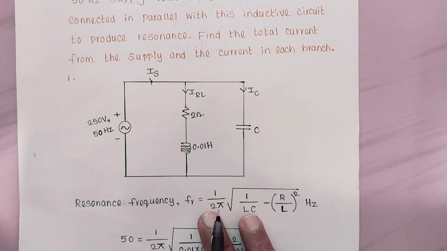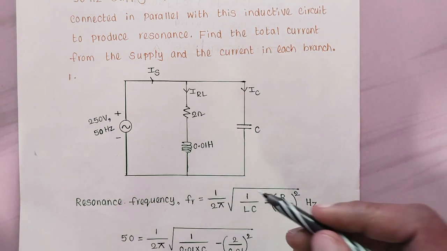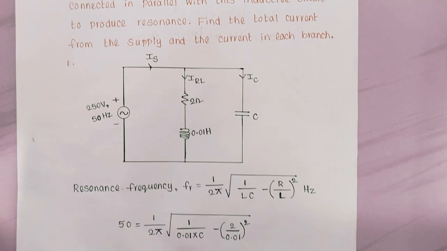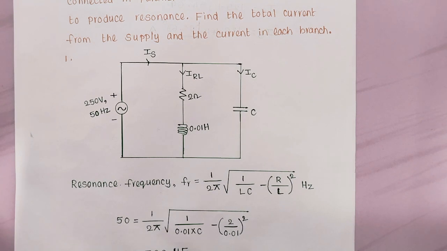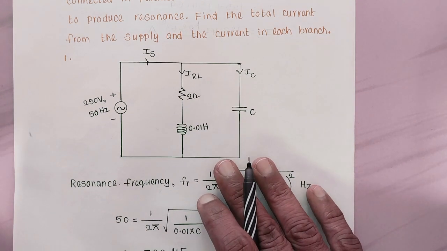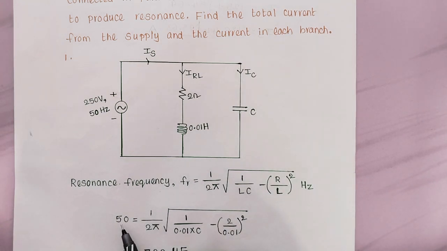So we know the resonance frequency for the tank circuit is Fr equal to 1 by 2 pi root of 1 by LC minus R by L whole square Hertz. By using that expression we can find the value of C, because F, L and R values are given.